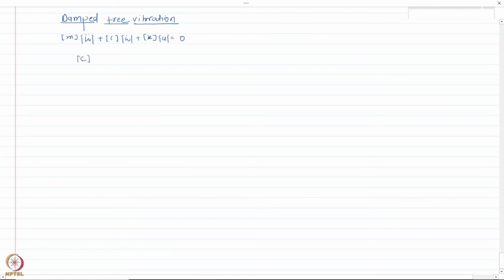Now the reason I was able to solve the undamped free vibration is that my mass matrix and my stiffness matrix could be diagonalized. The solution for damped free vibration would depend on whether my C matrix can be diagonalized or not.